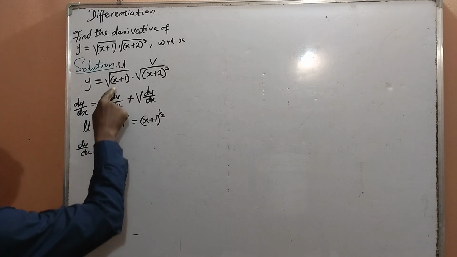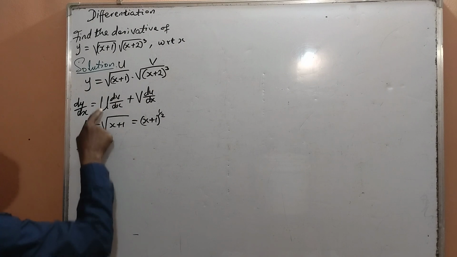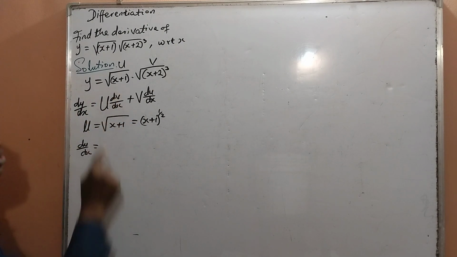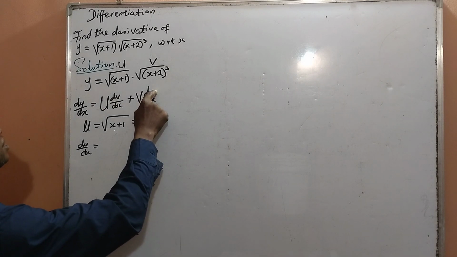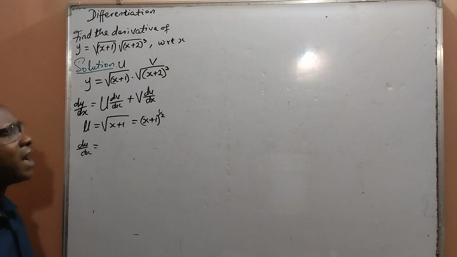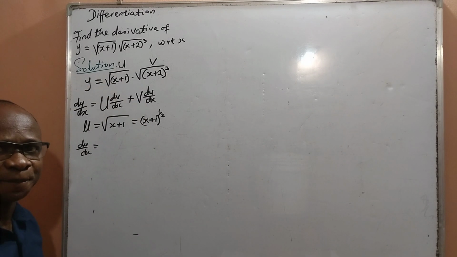I have known u and also v. If I know u, I will find du/dx, and also find dv/dx, since I have known v. And then after that I will substitute and then simplify.